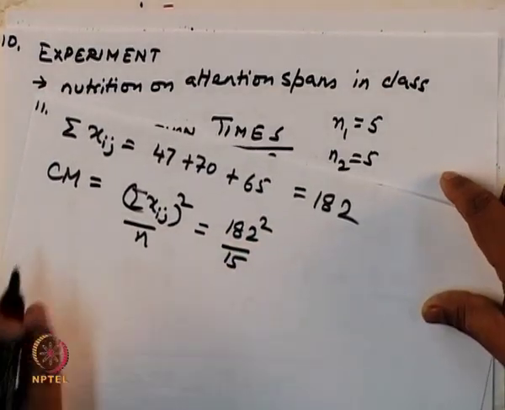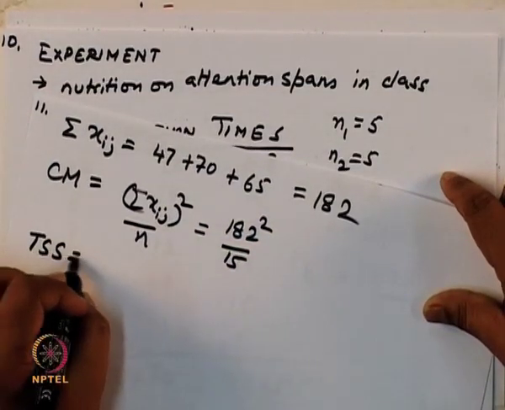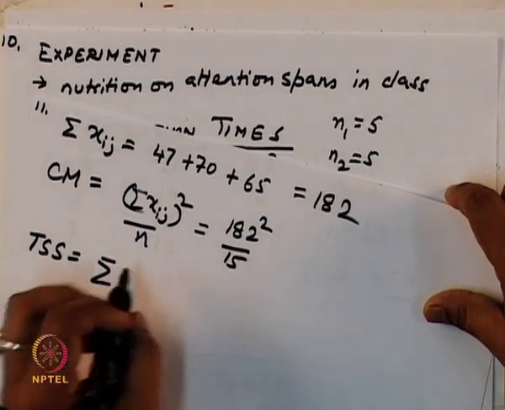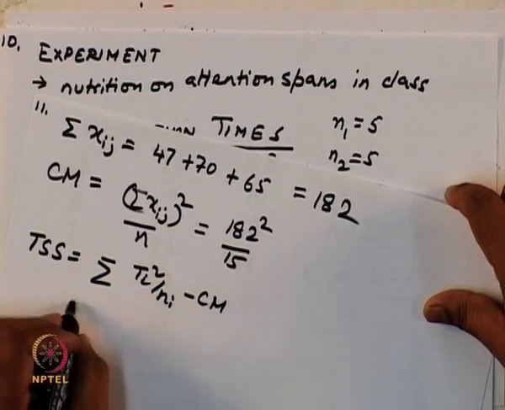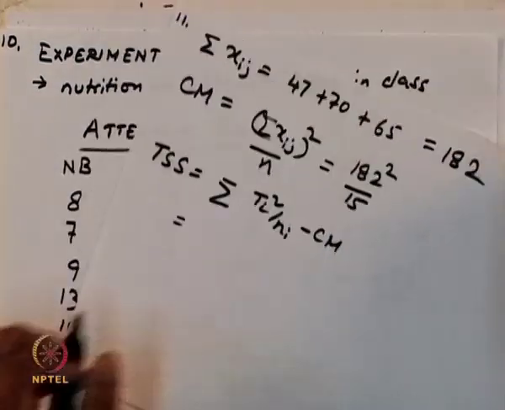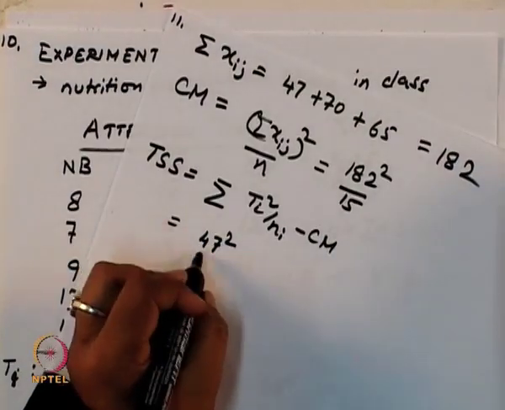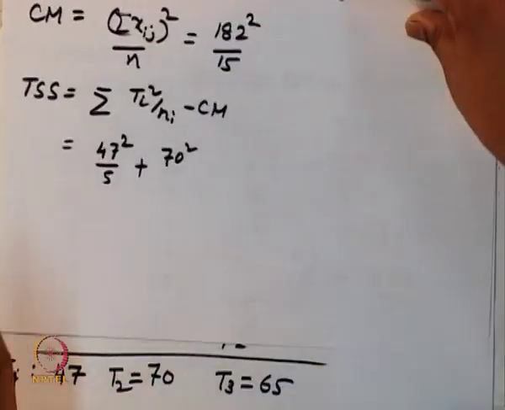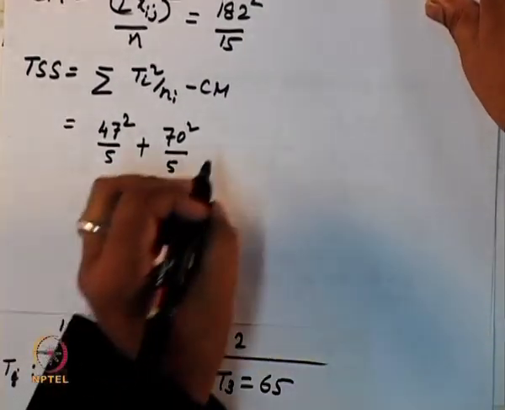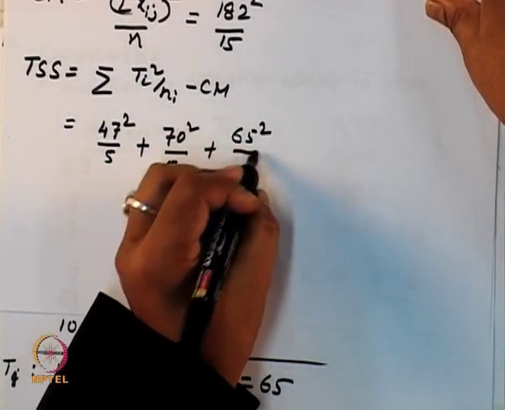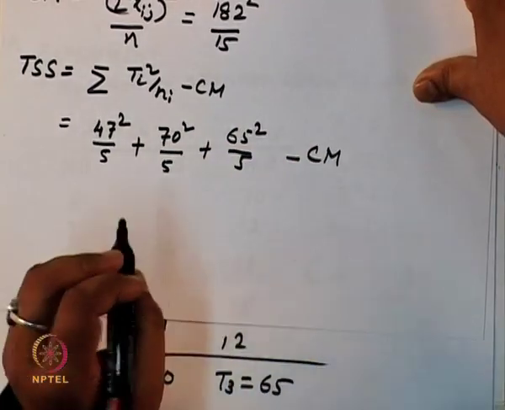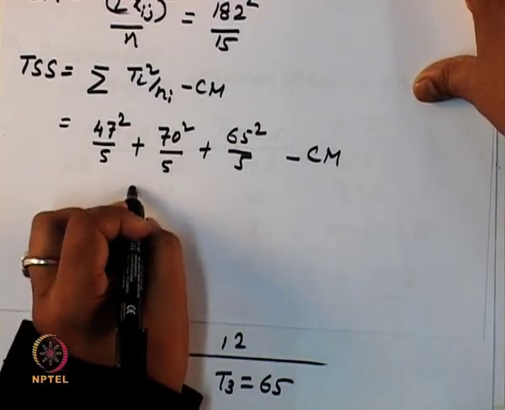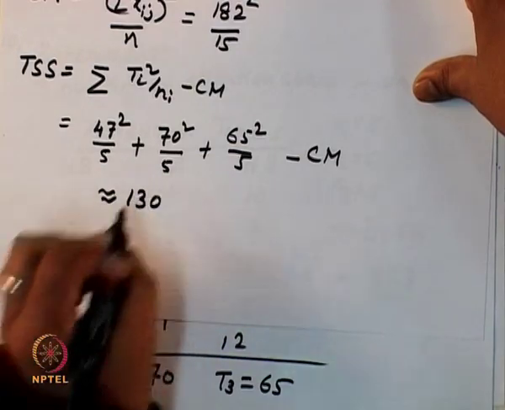Your SST is summation Ti square by Ni minus Cm, which you can calculate as 47 square by 5 plus 70 square by 5 plus 65 square by 5, minus Cm, and you will get a value of roughly 130.